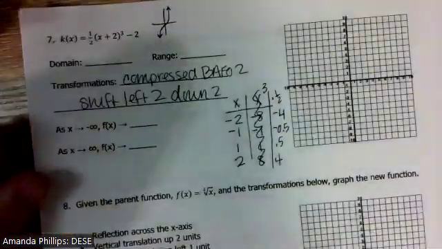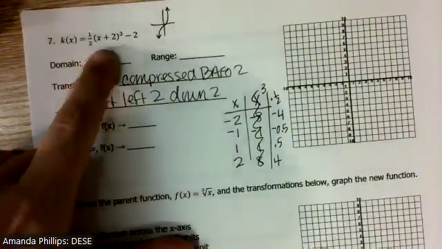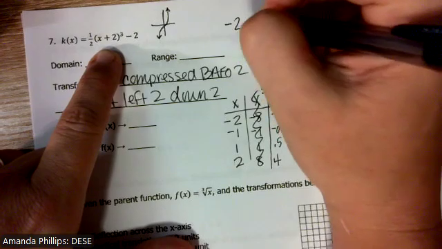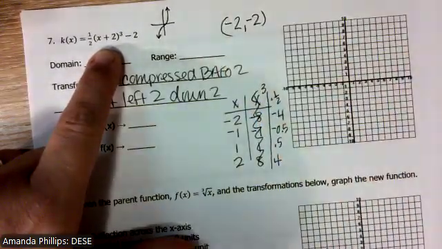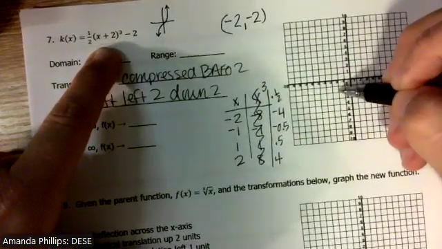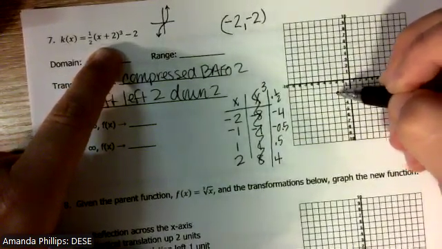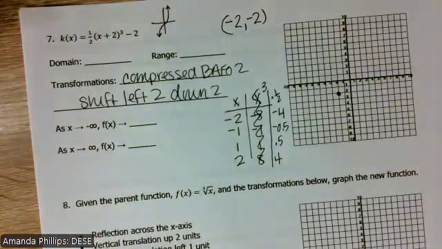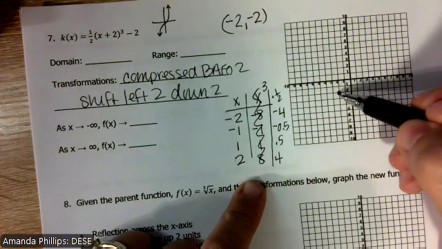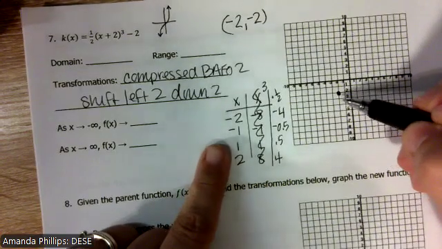Our starting point is -2, -2. We pick it out just the same as we have in all the other ones. That's my starting point, my vertex, my point of inflection. Either way, it's the same thing.